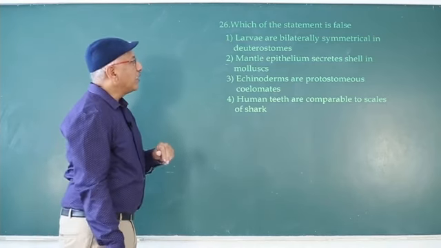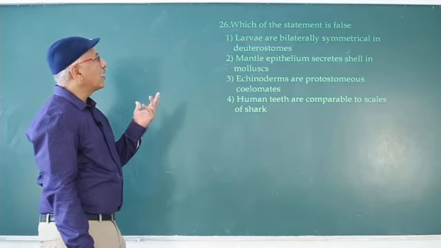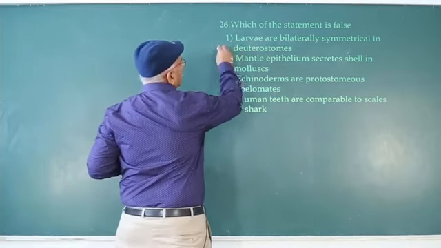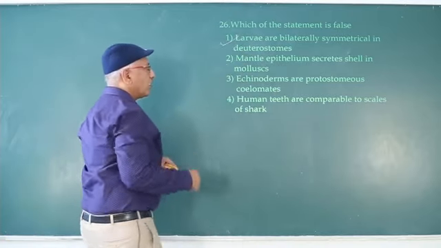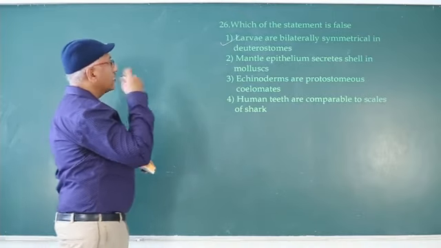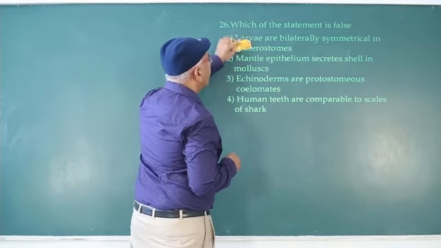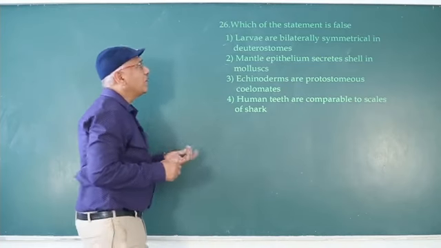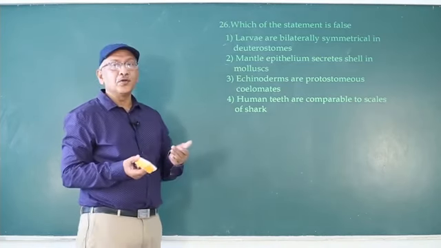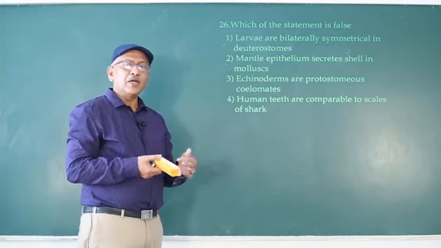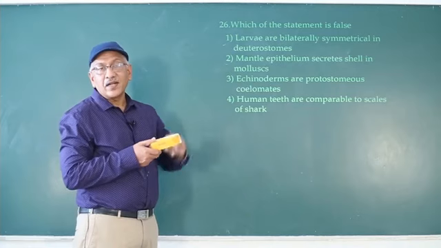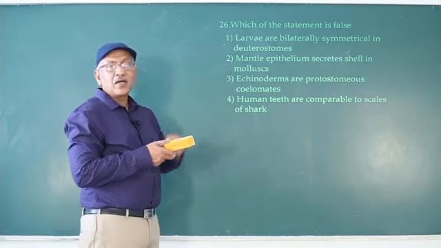Mantle epithelium secretes shell in mollusca, correct. Echinoderms are protostomes, coelomates. That is wrong. In echinodermata also larvae are bilaterally symmetrical. Here adults are not mentioned, so the first statement is correct.